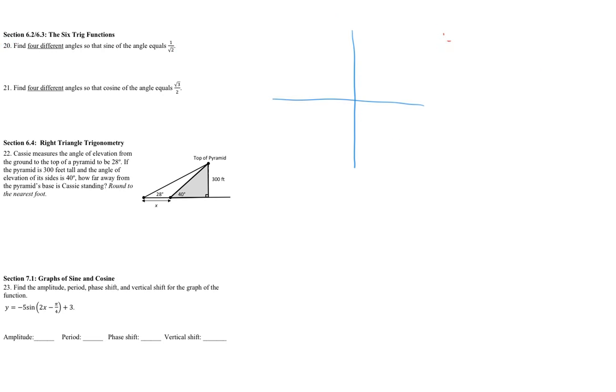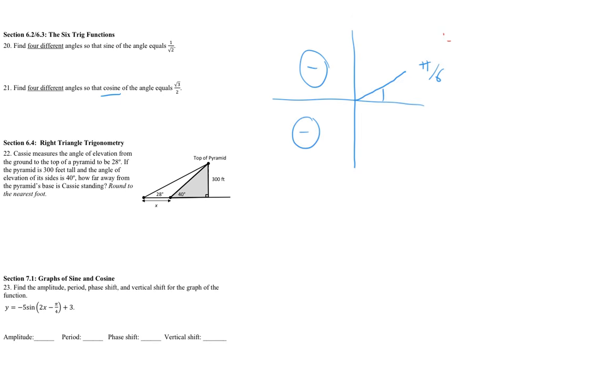And same thing for the next one, but we want root 3 over 2. So we know that that happens with the cosine when the x value of the unit circle is equal to root 3 over 2. So that happens at pi over 6. And then our cosine over in this quadrant is negative. Same within this quadrant.